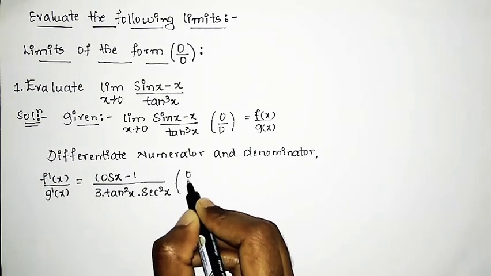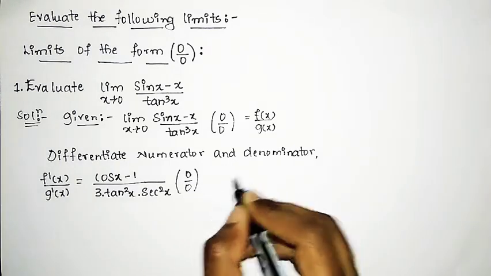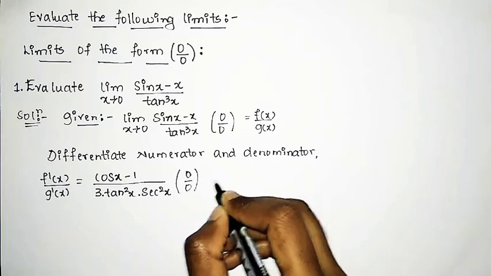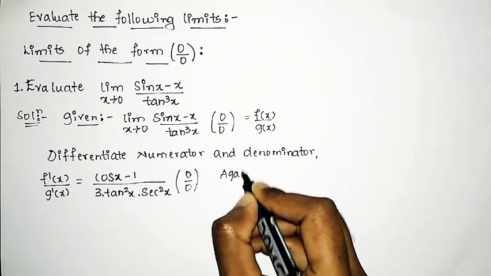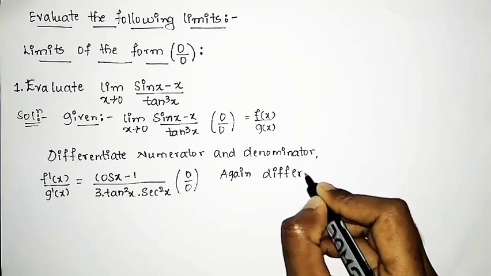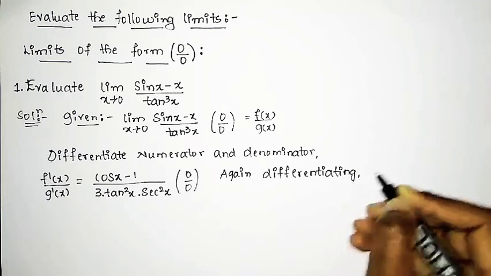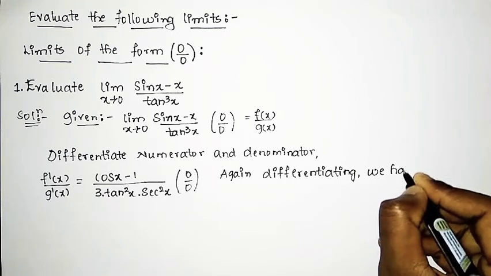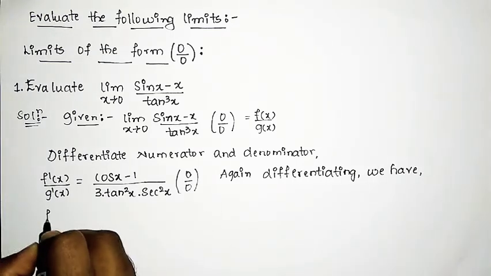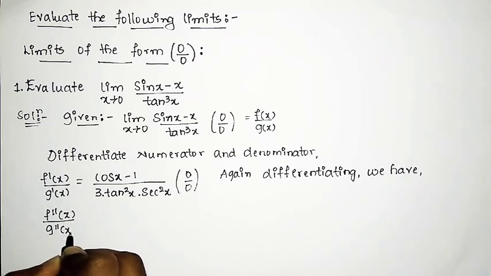So we have found f dash of x and g dash of x. Again this is of the 0 by 0 form, so we need to differentiate again, that is f double dash of x divided by g double dash of x.